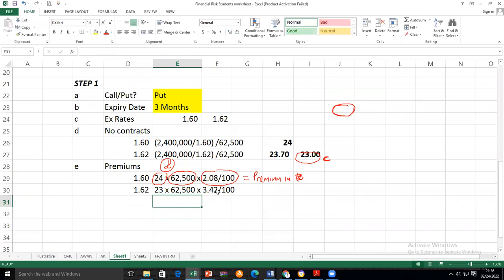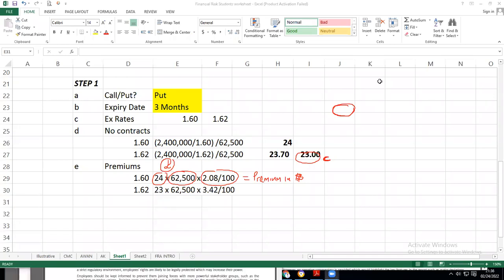Now, you need to convert these dollars. Remember, we're in the UK, so we need to convert these dollars into pounds. How do you convert? Let's look for the rate.